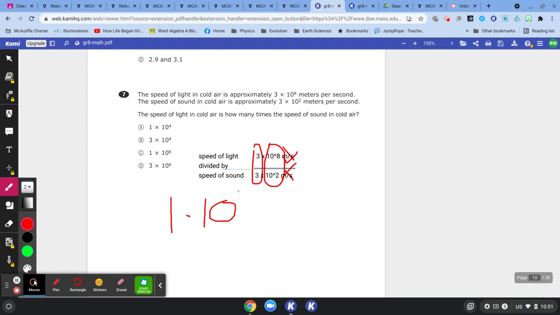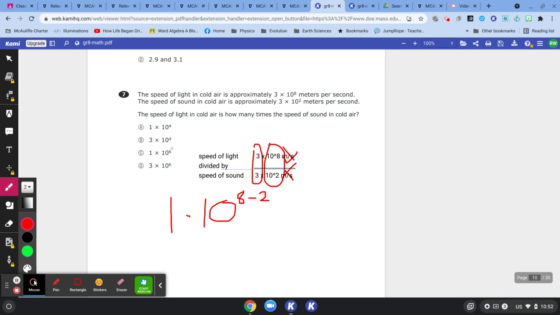So that means we are taking away 2 factors of 10 from 8 factors of 10. That means you can write the exponent like this, 10 to the 8 minus 2. And this works because it's the same base. 10 is the same base being used in both cases. We've got 8 factors of 10 divided by 2 factors of 10. We will be left with 6 factors of 10.